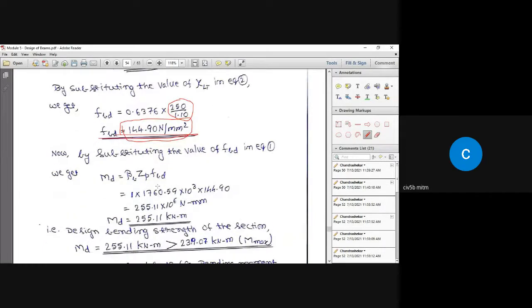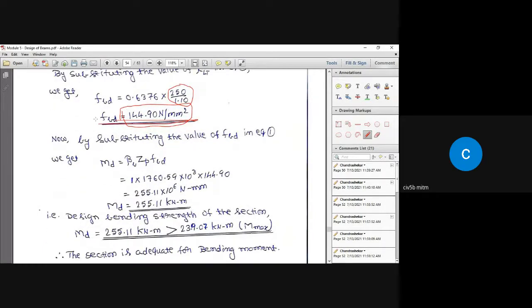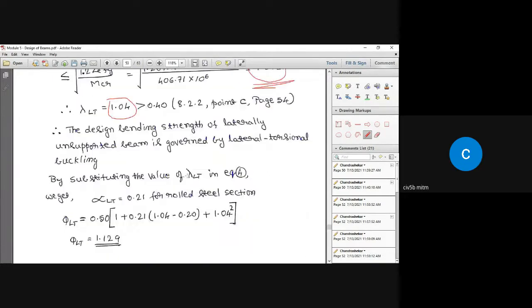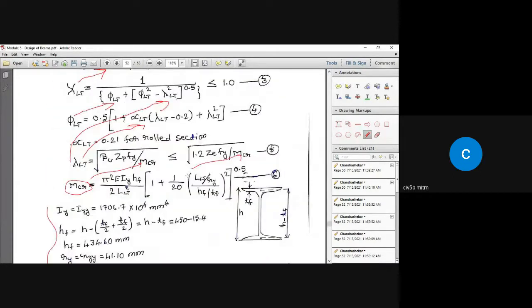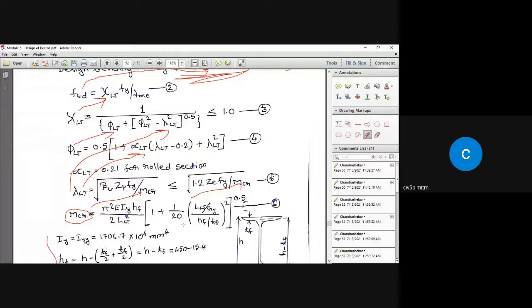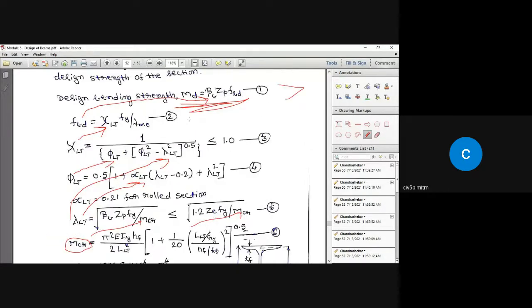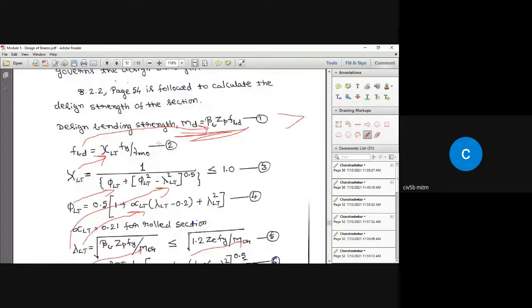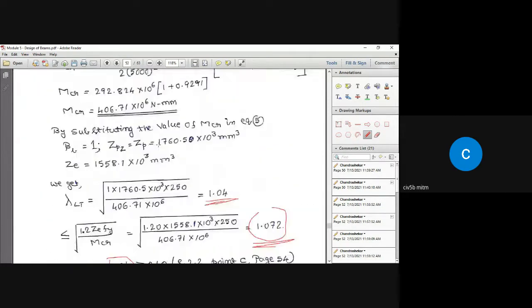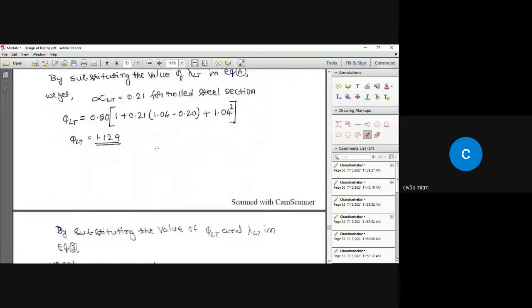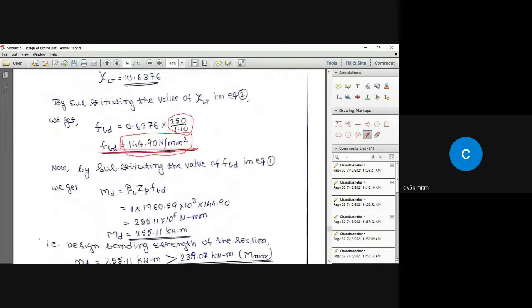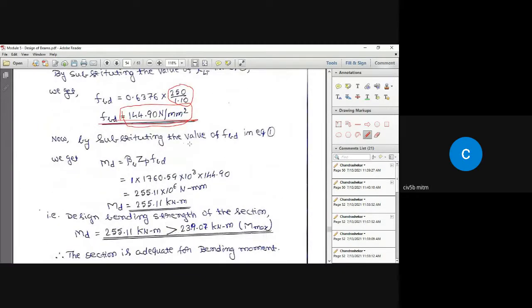So coming back to this, once we obtain the value of FBD, go to equation 1. These are the formulas. So go up from 6 to 5, 5 to 4, 4 to 3, 3 to 2, 2 to 1. That is the way the problem has been solved. Once FBD is known, substitute all the values in equation 1.